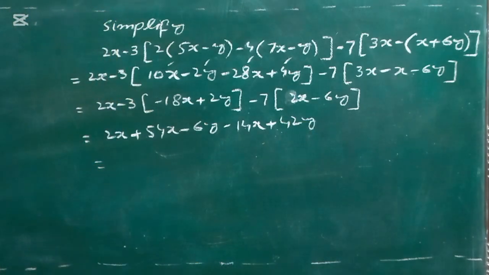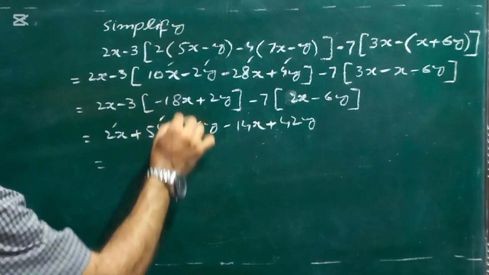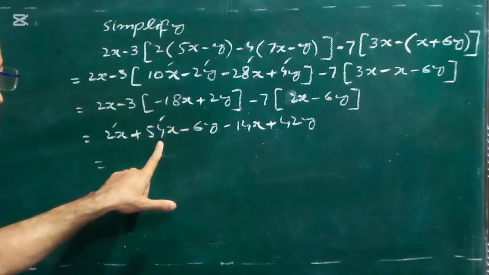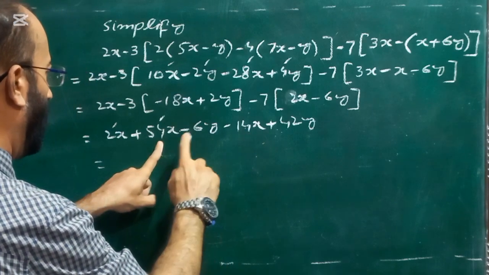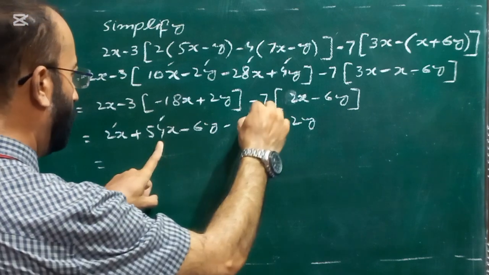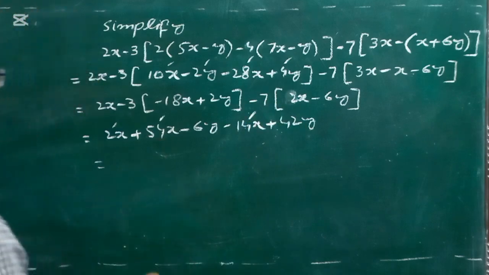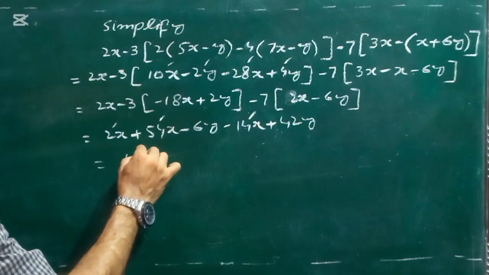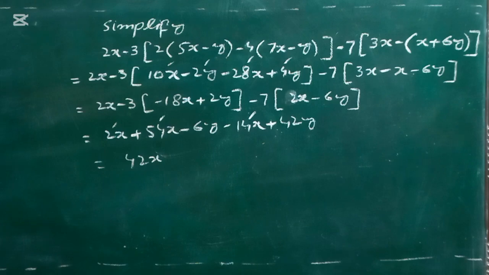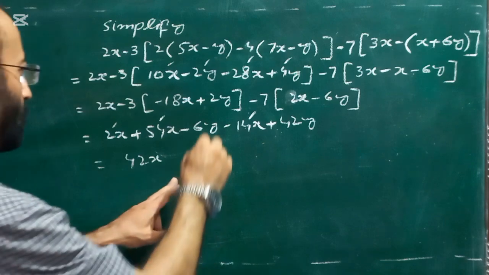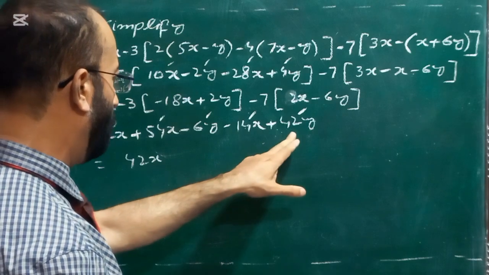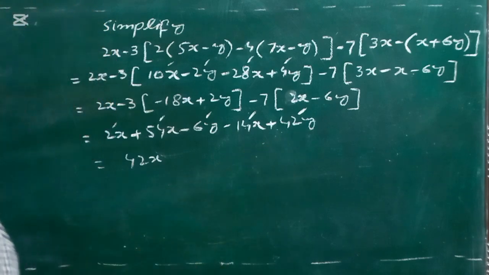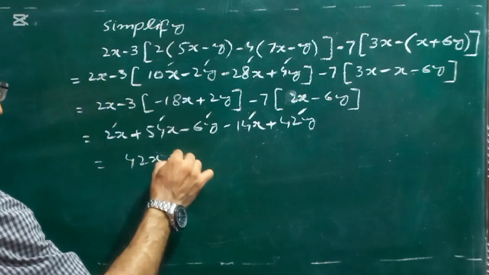At this stage, we are going to solve the respective variables. So 2x plus 54x will be 56x, minus 14 will be 42x. So 42x is the answer. Now y's variable is going to be solved. So minus 6y plus 42 will be 36y.